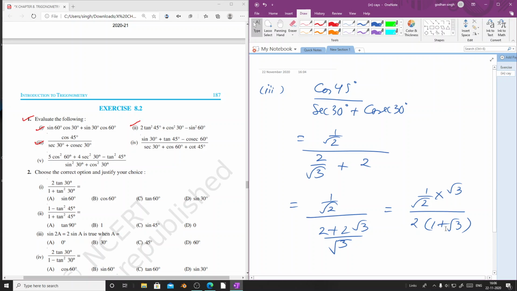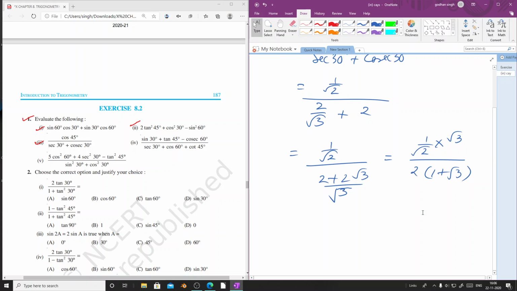Further we can simplify, we can bring this root 2 in the denominator, so we will get root 3 over 2 root 3 into 1 plus root 3, and this is actually root 2, so we write here root 2 root 2.